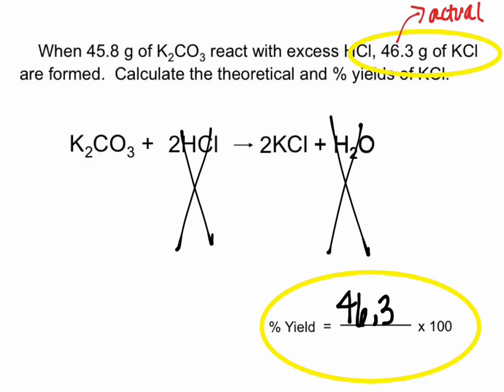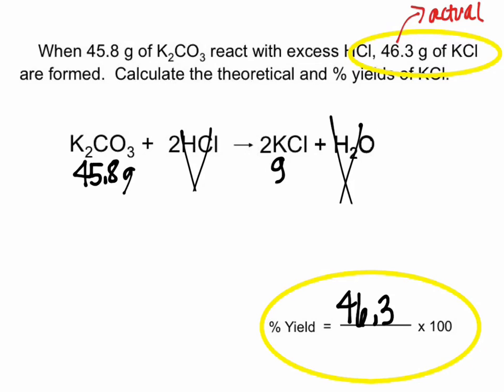So on paper, what should we get in the lab if I am given 45.8 grams? So we have 45.8 grams, and we need to take that to grams of KCl.